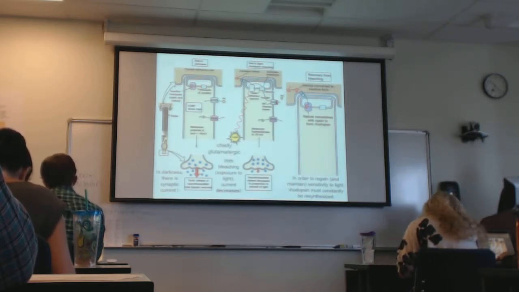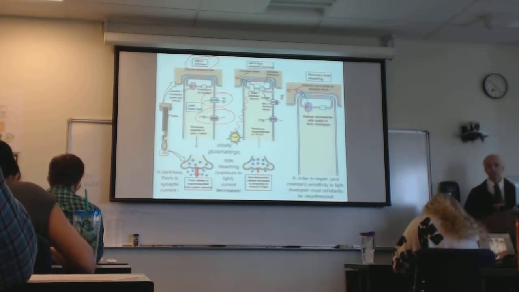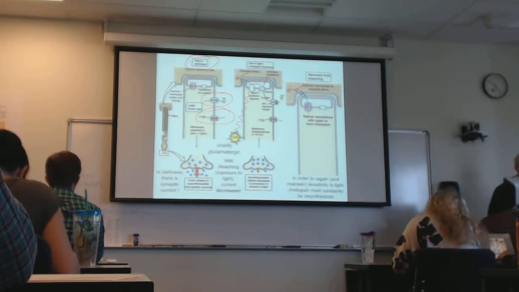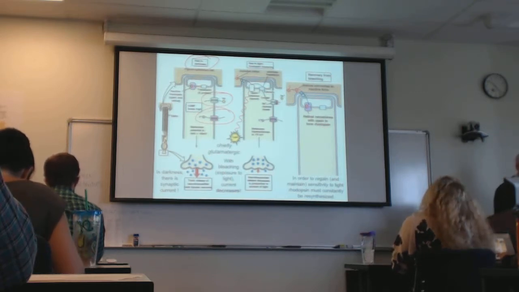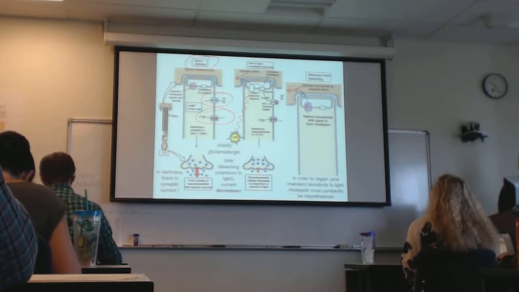All right, so under normal circumstances, when the rod is in darkness, you'll notice further along that receptor membrane, there are two channels. There's a sodium channel and there's a potassium channel. And both are leaking. Both are open. These are gated channels, but they're both allowing the ions to pass through. So we have both a sodium current and a potassium current when the eye is exposed to darkness.